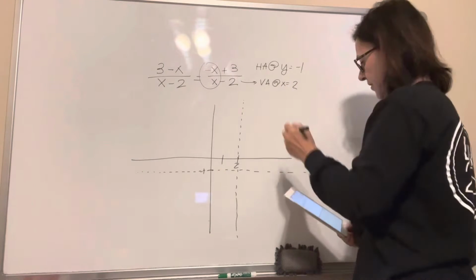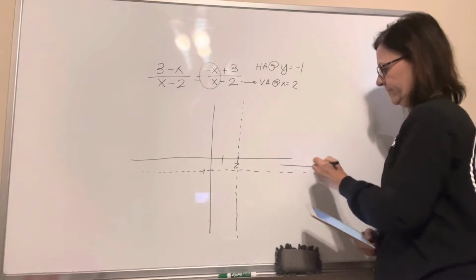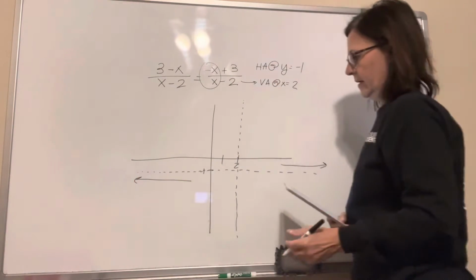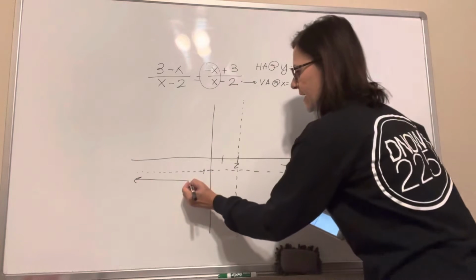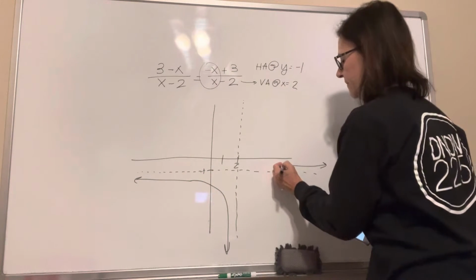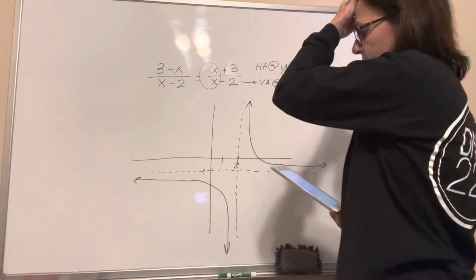All right, so I know the graph goes in this direction, right? My gut says, because of that vertical asymptote, it has to do that. But I can prove it as x approaches 2.